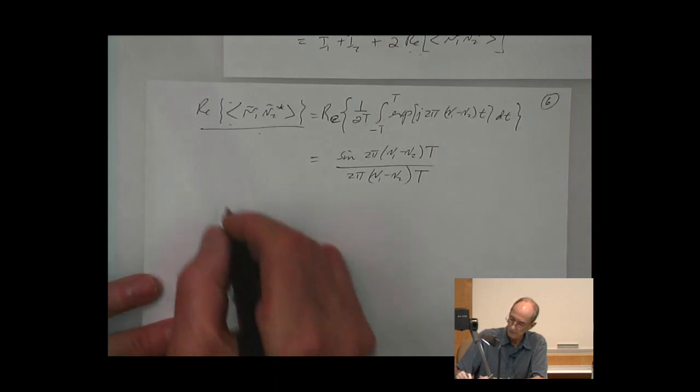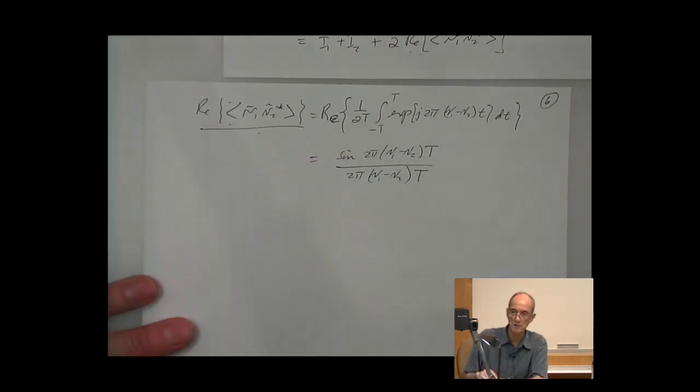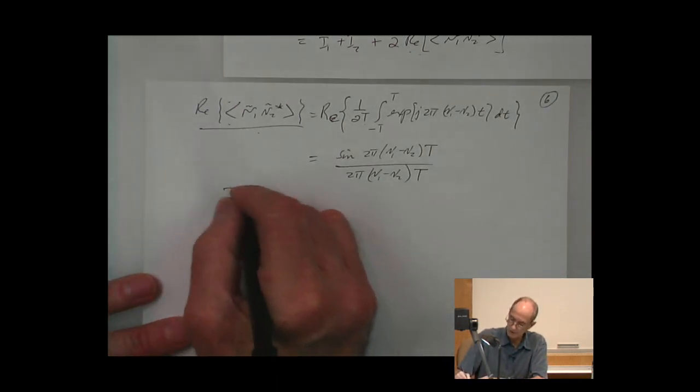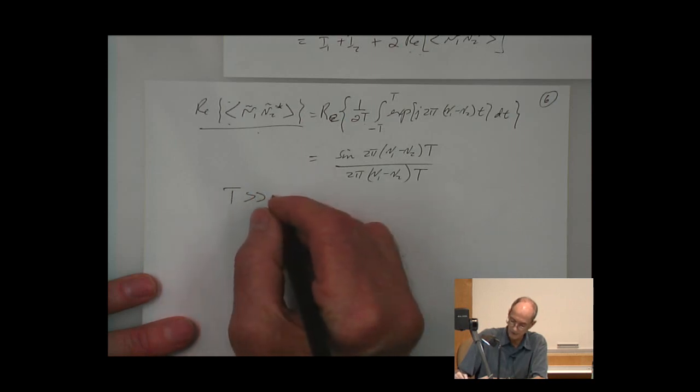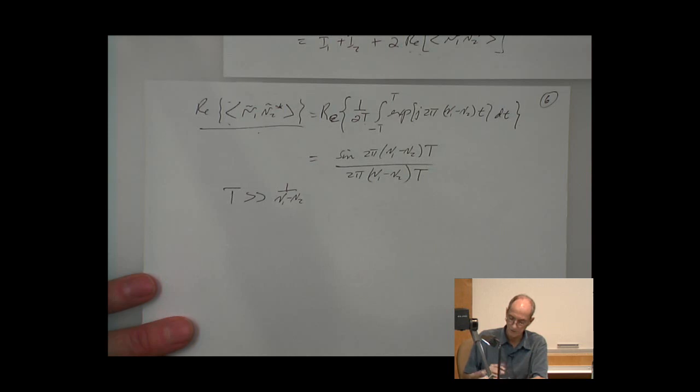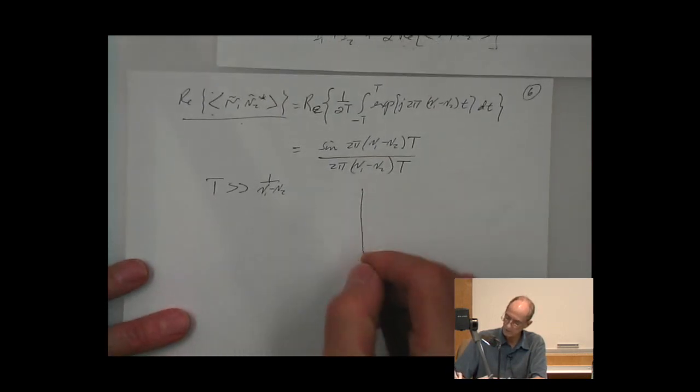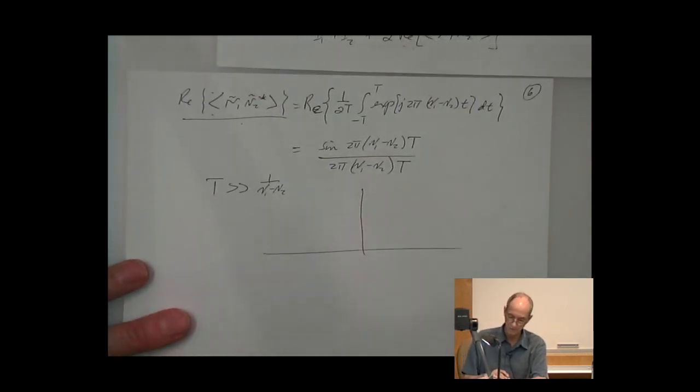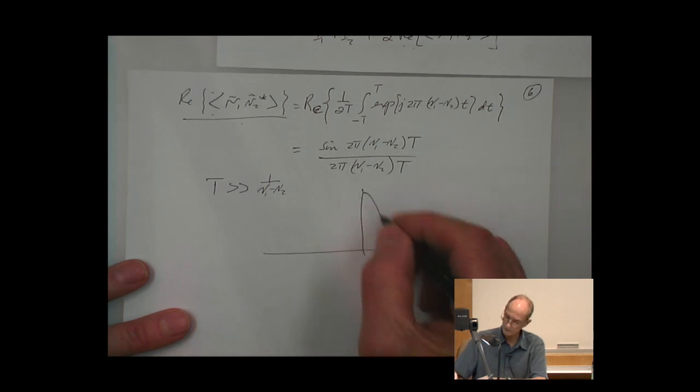That will go to 0 when T is much greater than 1 over (nu 1 minus nu 2). This is just a sinc function.